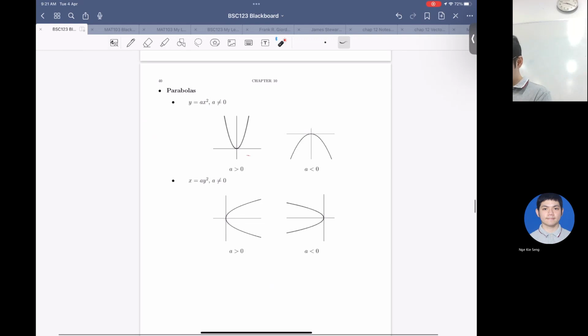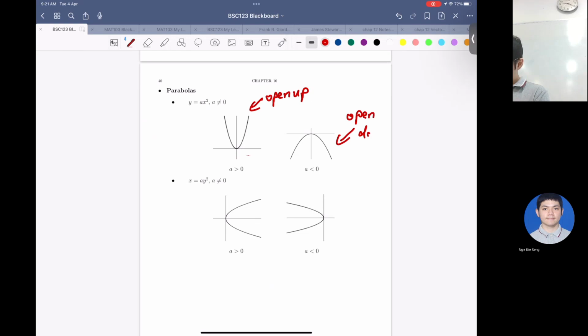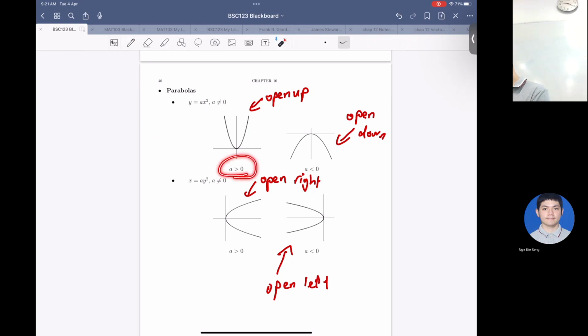So now you can see that we have different parabolas. This is what we call open up, open down, open right, and open left, depending on the coefficient and on where you put the square.